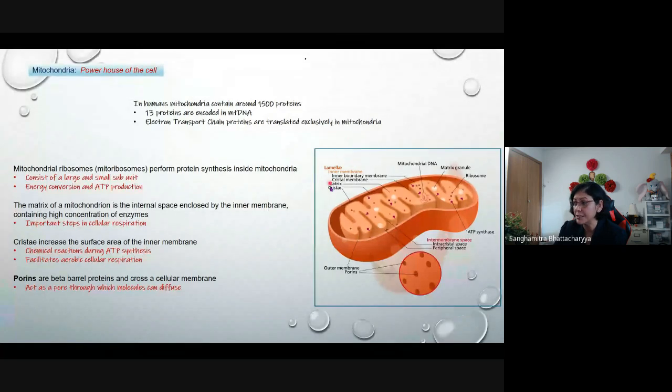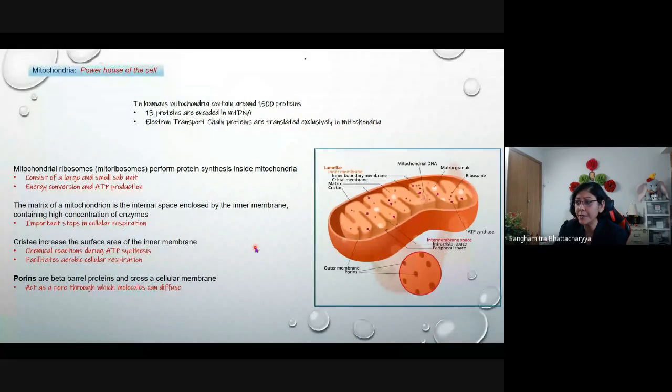Now let's see the different parts of this interesting structure. First, to start with, are the mitochondrial ribosomes. It's an active protein complex in the mitochondria having two subunits, a large and a small subunit. You see the small red dots here, they are the mitochondrial ribosomes, scattered on the matrix of the mitochondria.